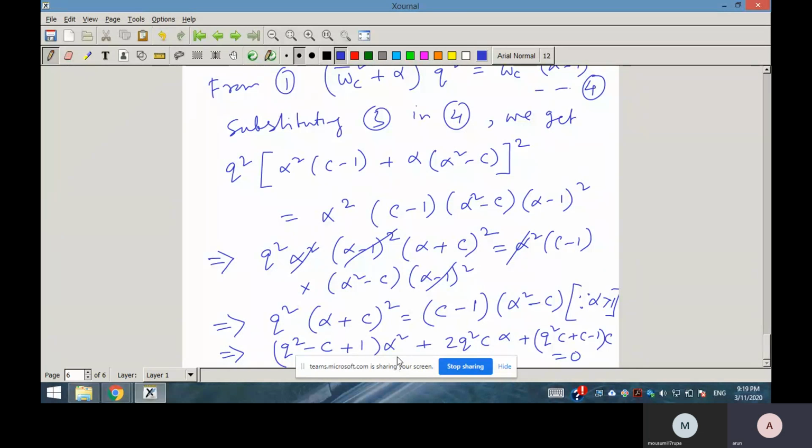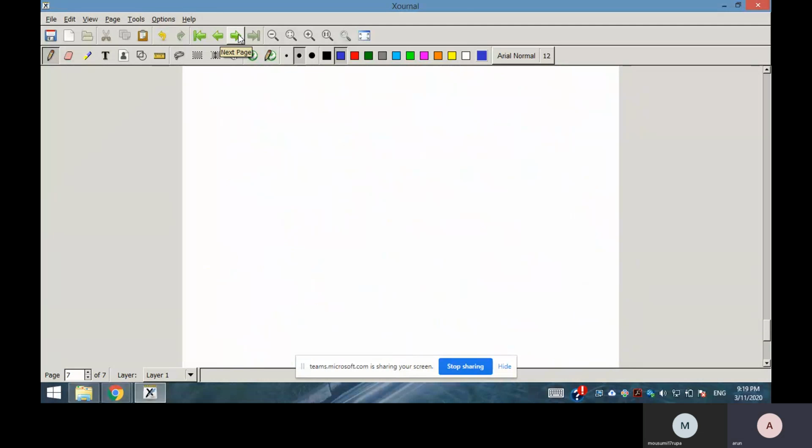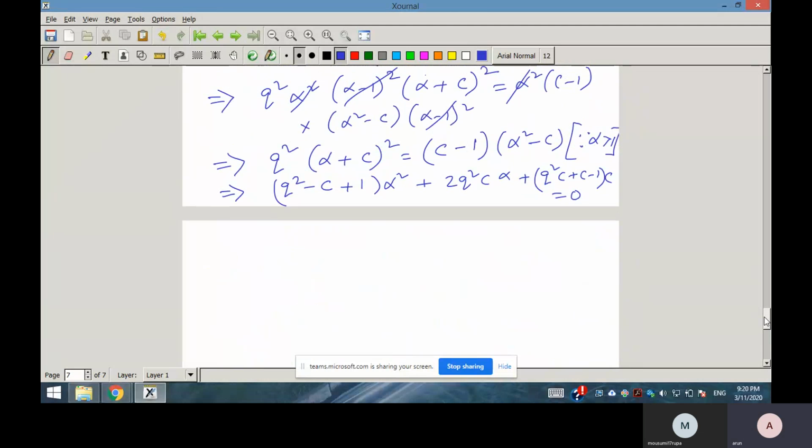But alpha is positive. Not only positive, alpha greater than 1 is needed. So now, what is the condition under which a valid solution of alpha will exist? That you have to find. So suppose this is equation number 5.